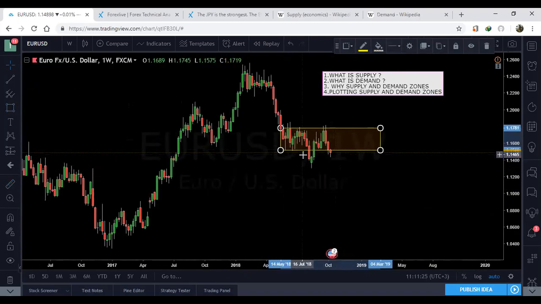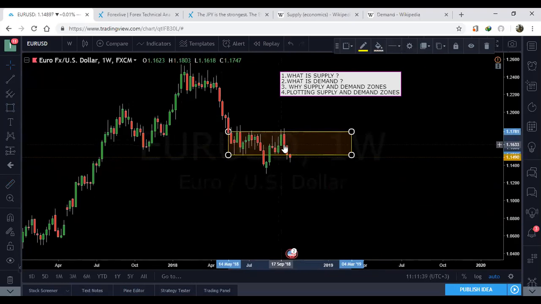Could it be demand? Could it be supply? We don't know because price is currently trading in this area. As you can see right now, we need to close below here this week. We have an engulfing candlestick, which is nice, signaling that there's going to be more bearish movement to the downside.